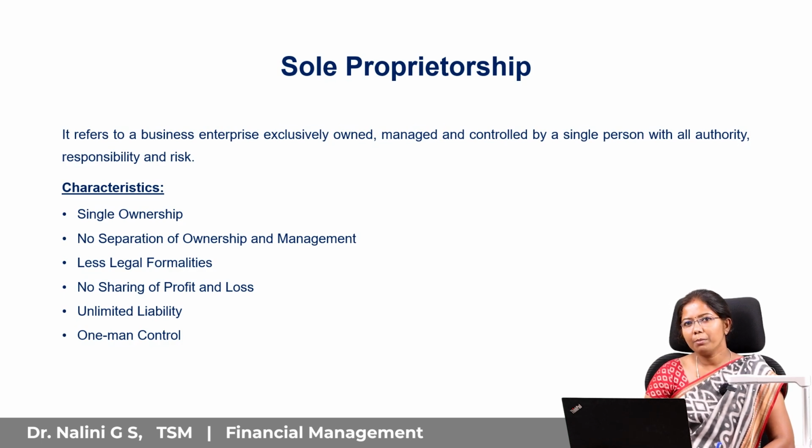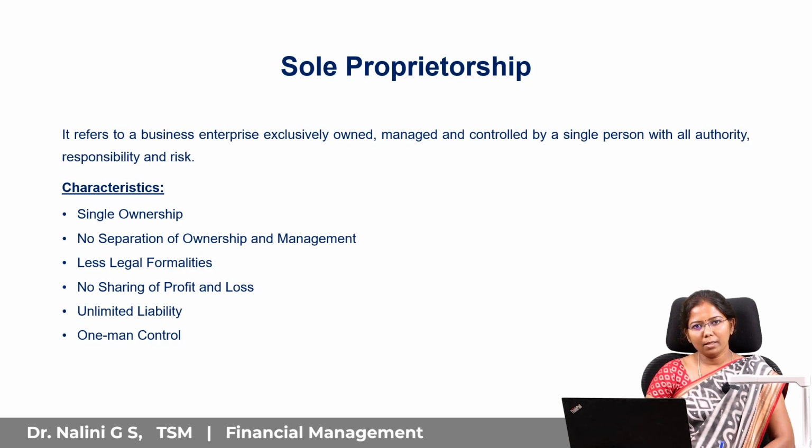There is no separation between ownership and management. Generally in companies, there is a separation, because shareholders are the owners and board members are the managers. Whereas in sole proprietorship, there is single ownership, no separation between ownership and management, fewer legal formalities, and no sharing of profit and loss. Whether he makes profit or loss, he is going to enjoy that.